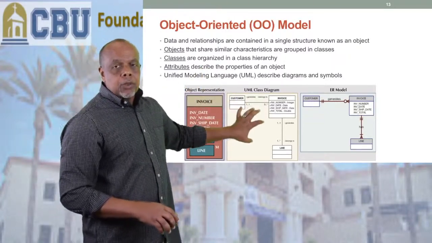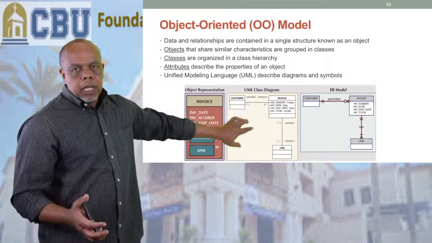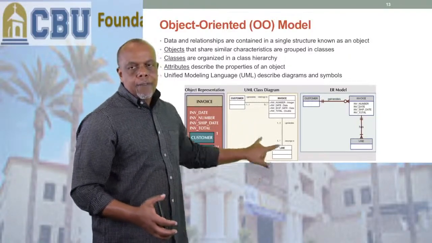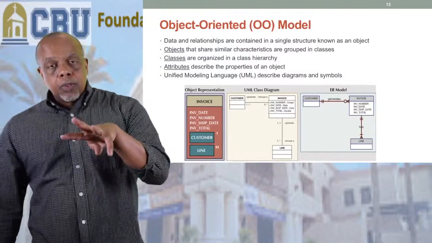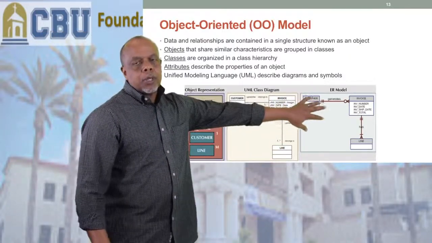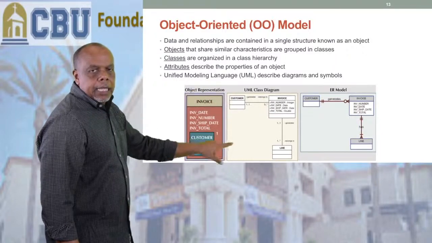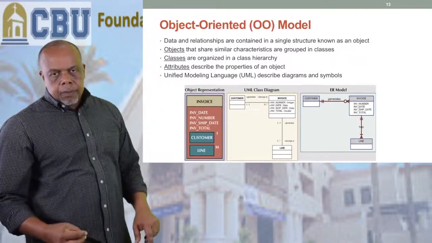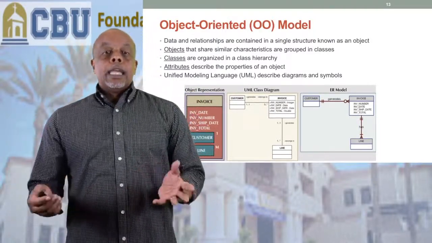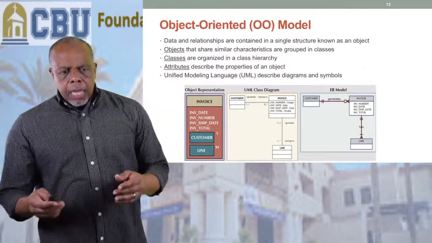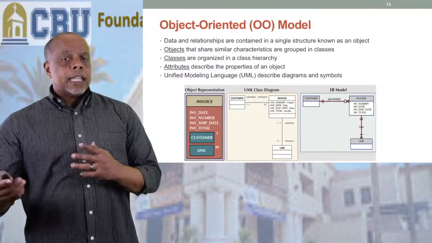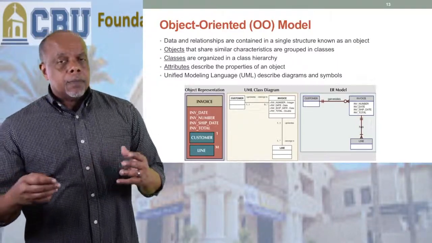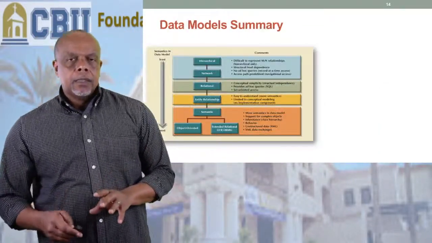But I can also use other languages, like UML, to break it out and make it more graphical and more expressive. Or I can still use the ER model with the crow's feet to describe the relationships. But it's all contained in this object. That makes it great for internet and web presentation and web activities, where we're moving data back and forth across the internet and places like that.